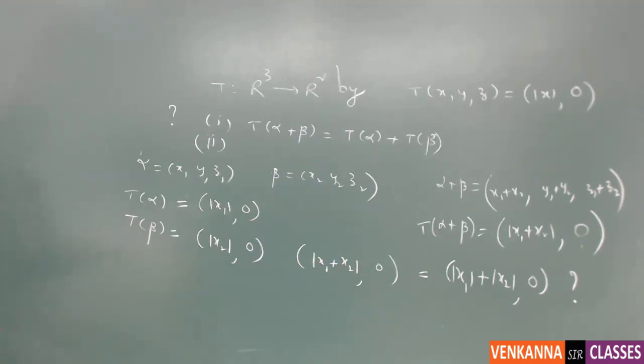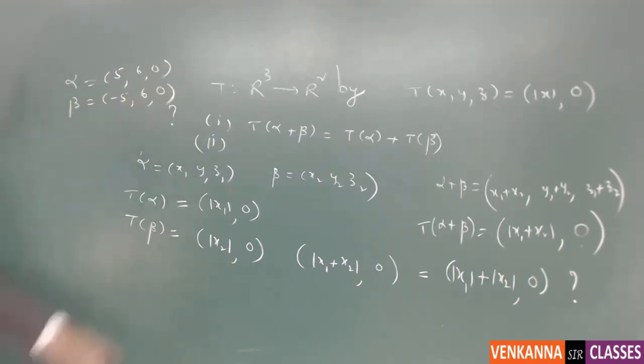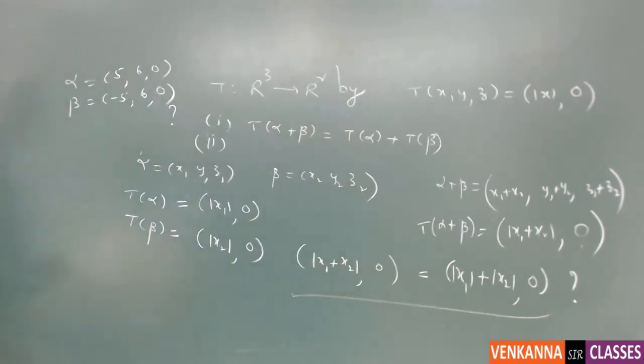You can take a simple example, say alpha is equal to 5, 6, 0 and beta is equal to minus 5, 6, 0. So applying the conditions, is this equal? No, right? Therefore, the first condition is not at all satisfied, hence it is not a linear transformation.